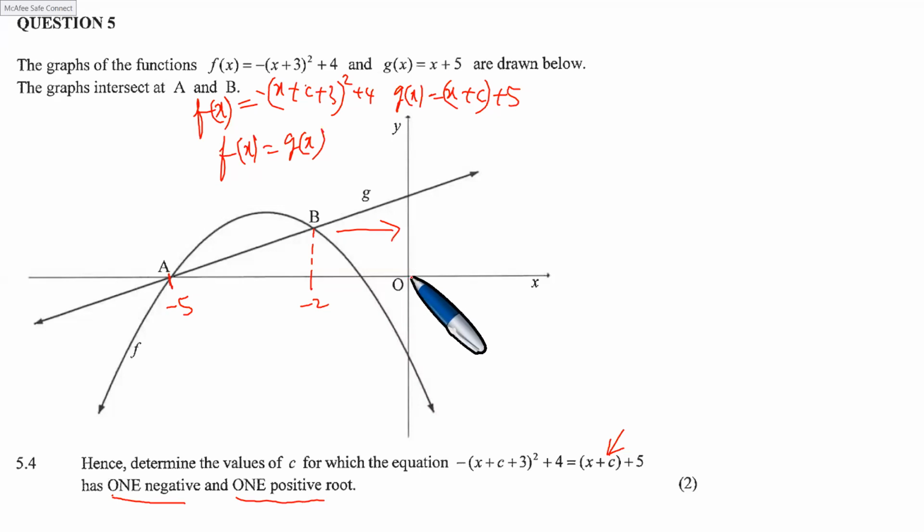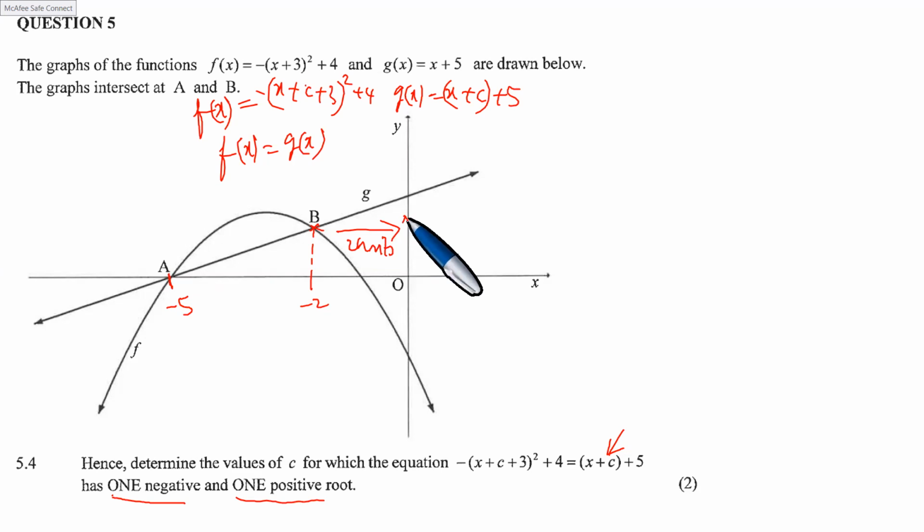We can move it by 2 units, for example. If you move the graphs by 2 units, then this point B is going to be like here, and this point here is going to be at -3, for example.